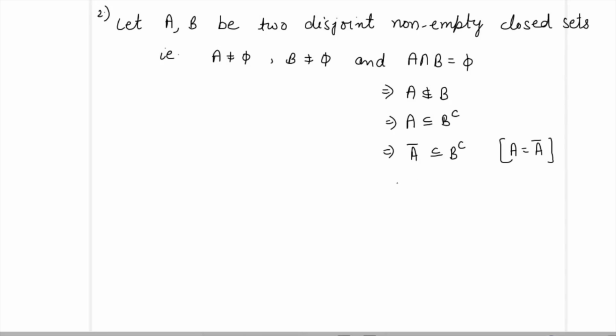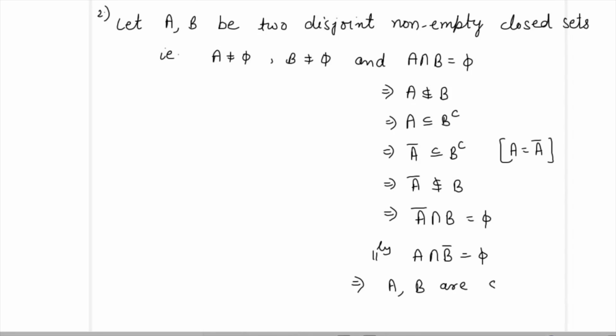Now if A closure is contained in B complement, then A closure will not be in B. So we can write A closure intersection with B is empty. Similarly we can show that A intersection with B closure is also empty. So we can say that A and B are separated sets.